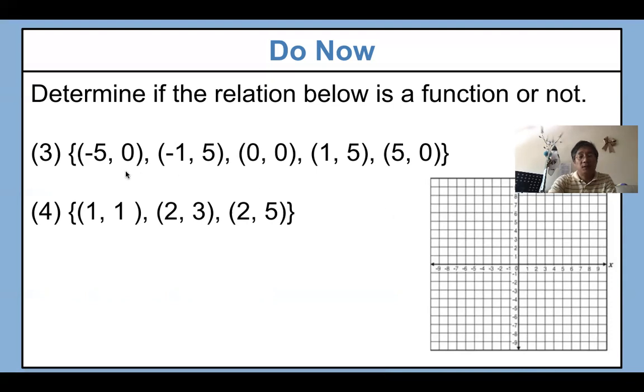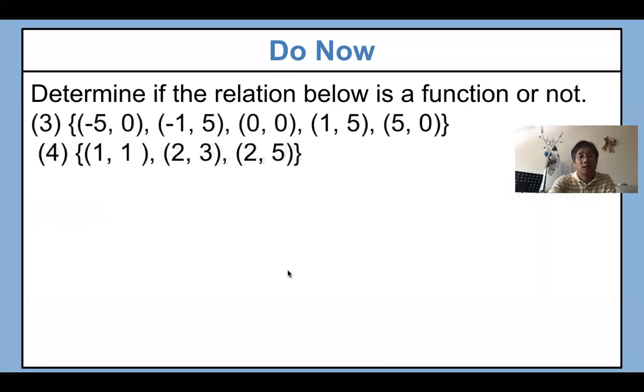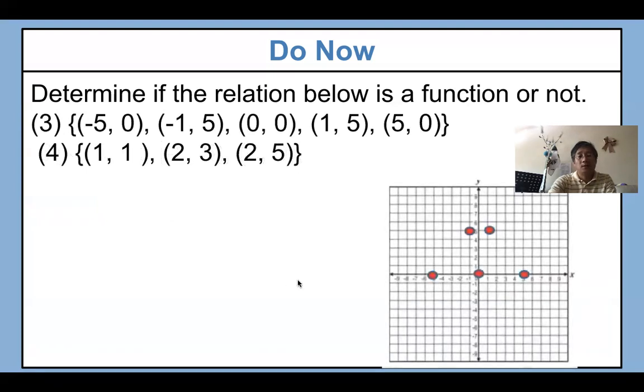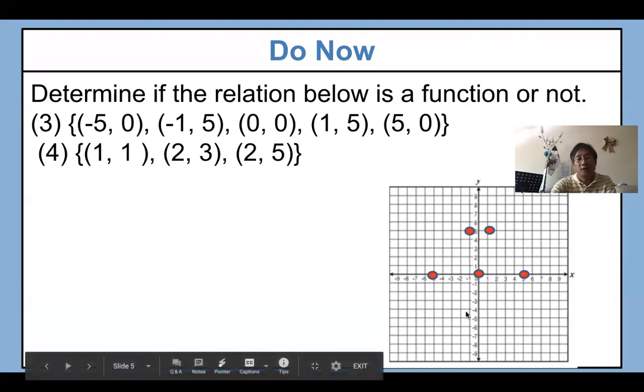Number 3, is this a function? Take a look. If you plot all the points on the coordinate plane, (-5, 0), (-1, 5), (0, 0), (1, 5), (5, 0), and do the vertical line test everywhere, you touch just one time or 0 times. So this is a function.